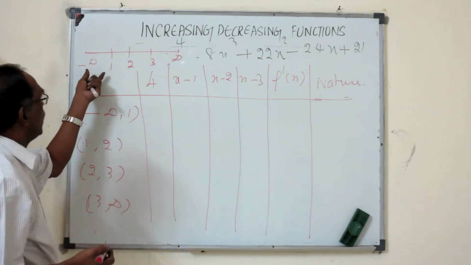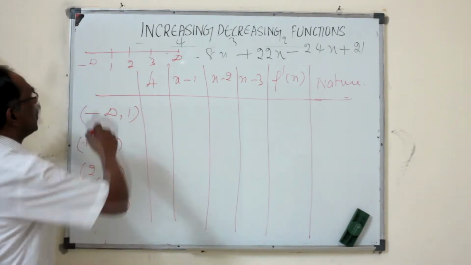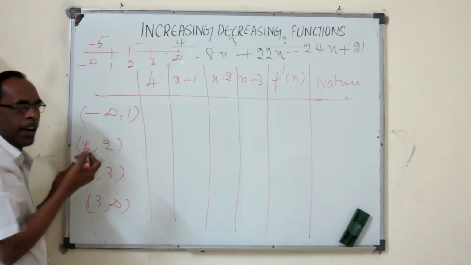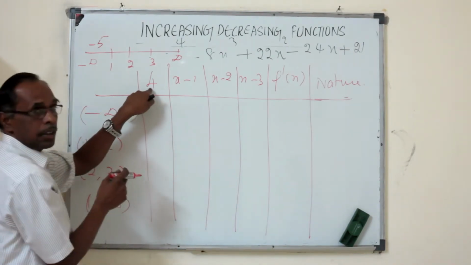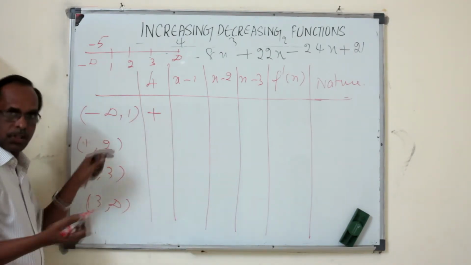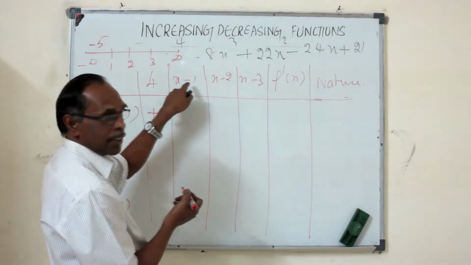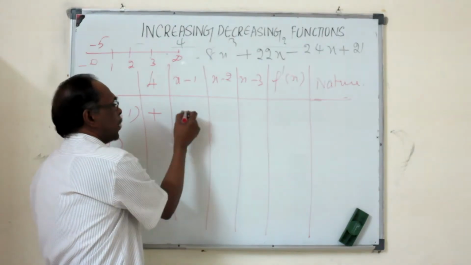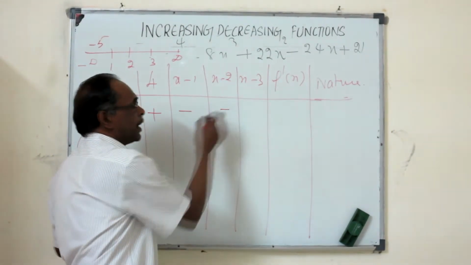So in this interval, minus infinity to 1, you take any value. Can I take minus 5? Substitute that value here. What will be your sign? Plus. Here it is x minus 1, substitute minus 5 here. What are you getting? Minus 5 minus 1, the sign is minus. Minus 5 minus 2, the sign is minus.